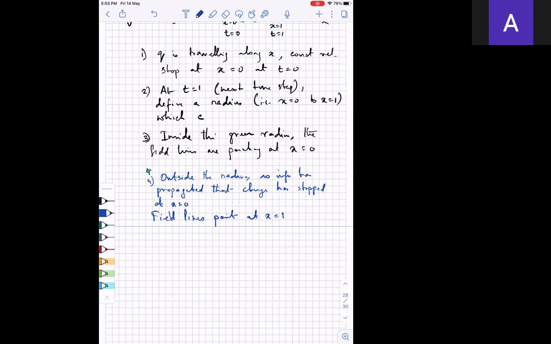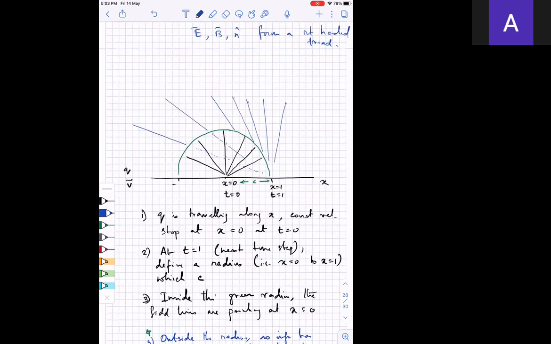Now, if you look at this figure, what is inside the green line is true. What is outside the green line is also true. But there cannot be any discontinuity over here. If I have to have flux conservation, if you have to have Gauss's law, then there has to be a consistency between these two regions.